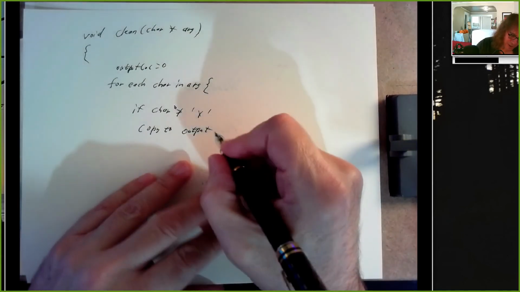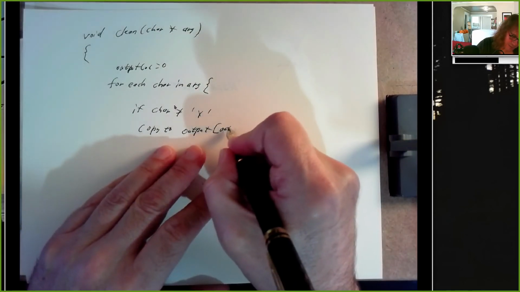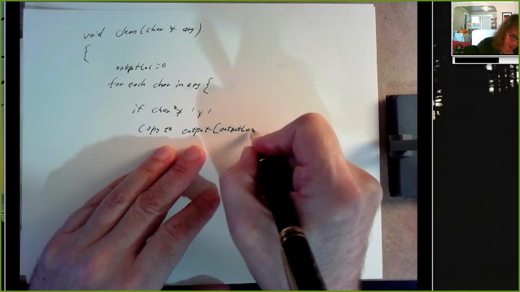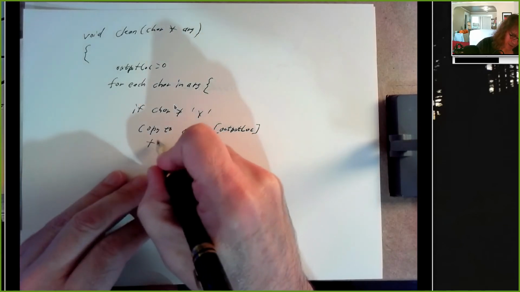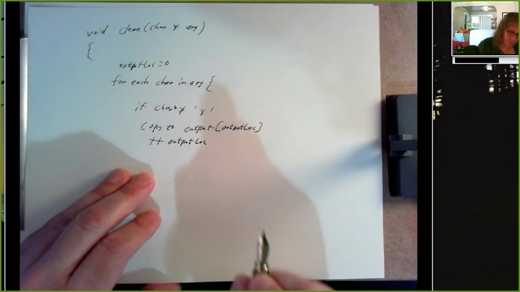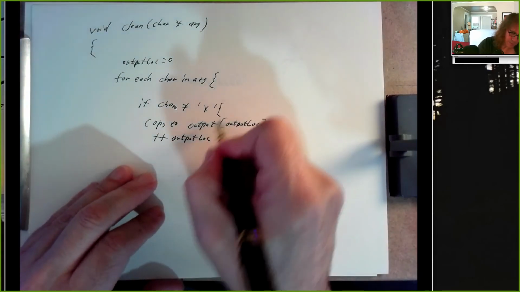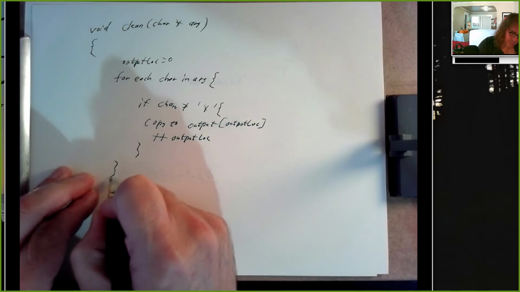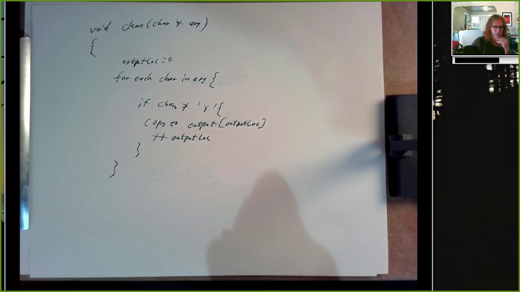So we're going to copy to output bracket output location, and then we're going to increment output location. That's going to get us most of the way there.